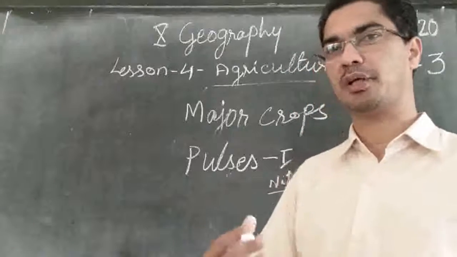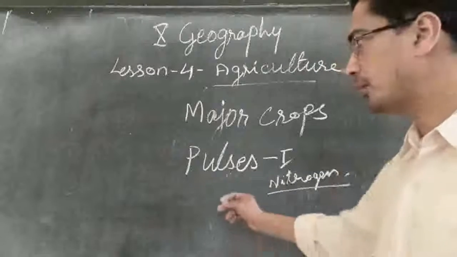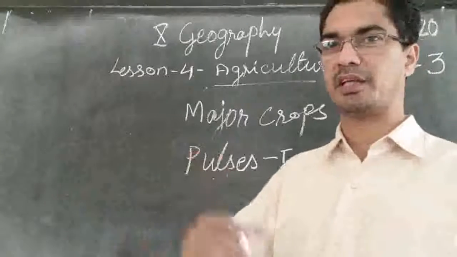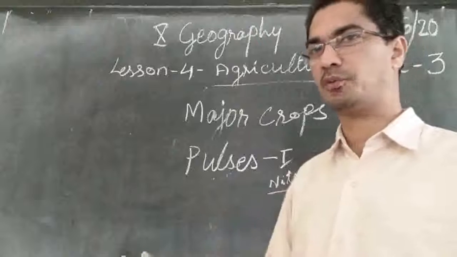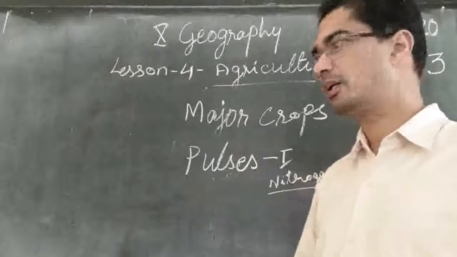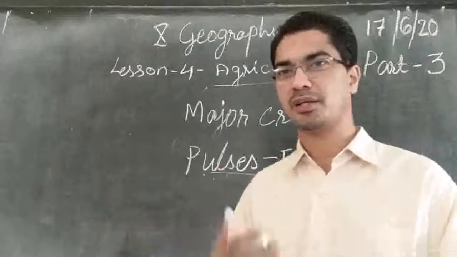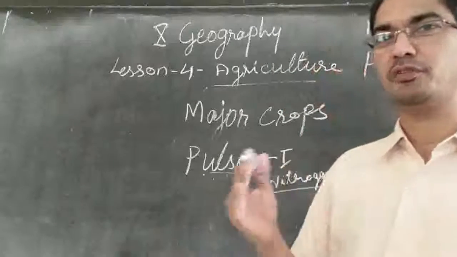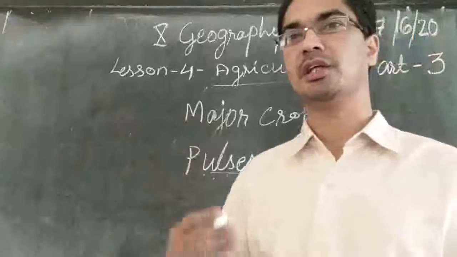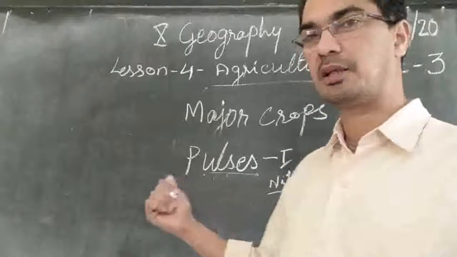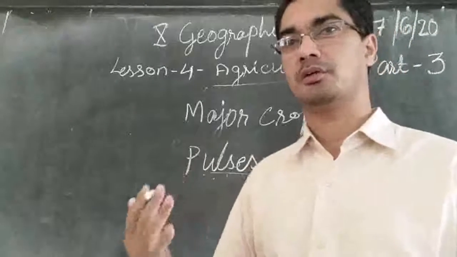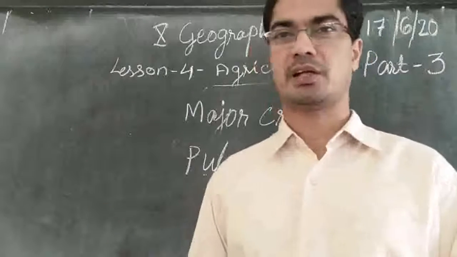After one crop, the soil becomes less fertile. Then we plant the pulses, then the soil becomes fertile again. Then we plant another crop, then the soil becomes less fertile. Then again we plant pulses, the soil becomes fertile. So it is planted in between. When we plant in rotation, the soil becomes more and more fertile.